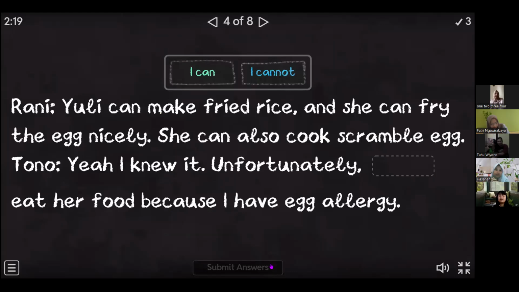Okay, number four. Who wants to try to complete the sentence and read it? Maybe Miss Emma. The answer is I cannot.